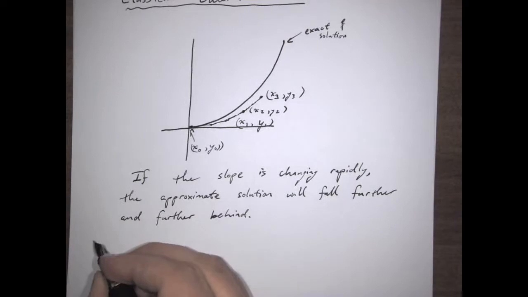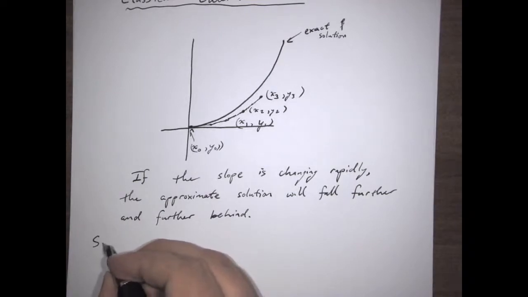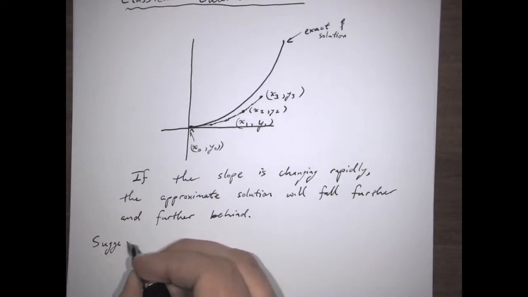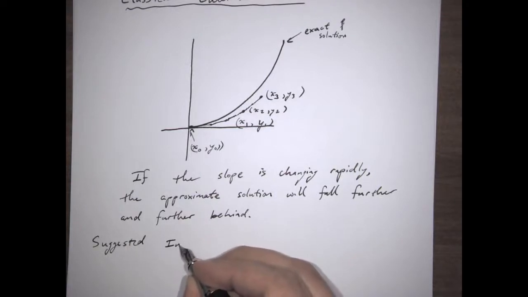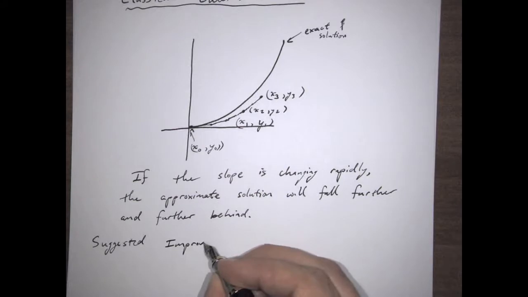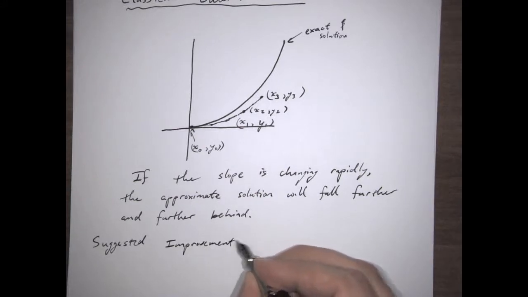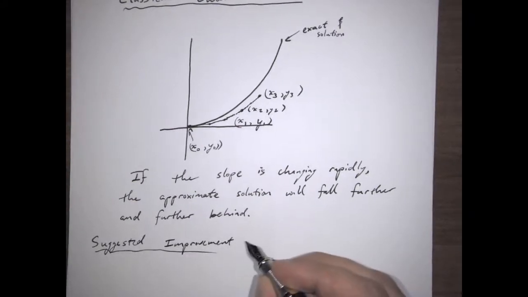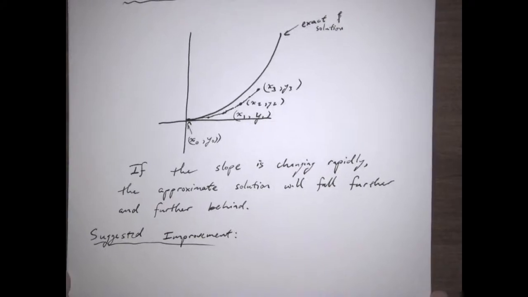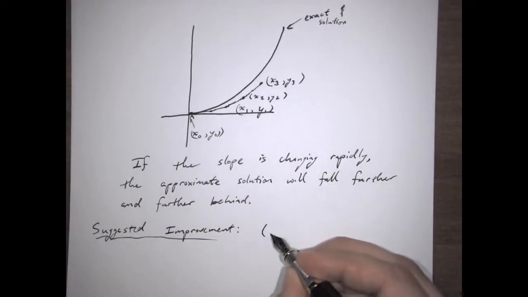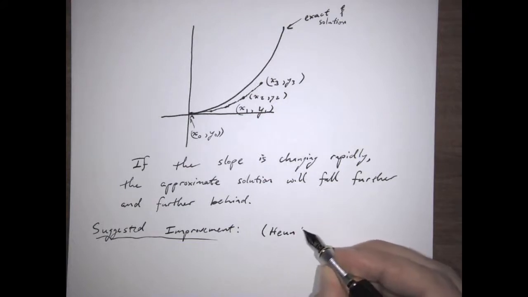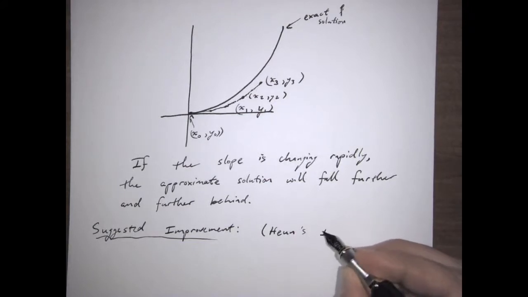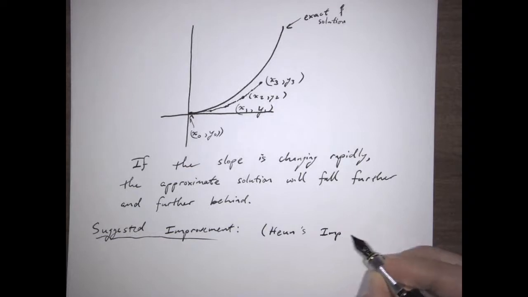Now here is a suggested remedy, or an improvement. This is a method that was developed by Karl Heun, so it's sometimes called Heun's method, or Heun's improved Euler method.